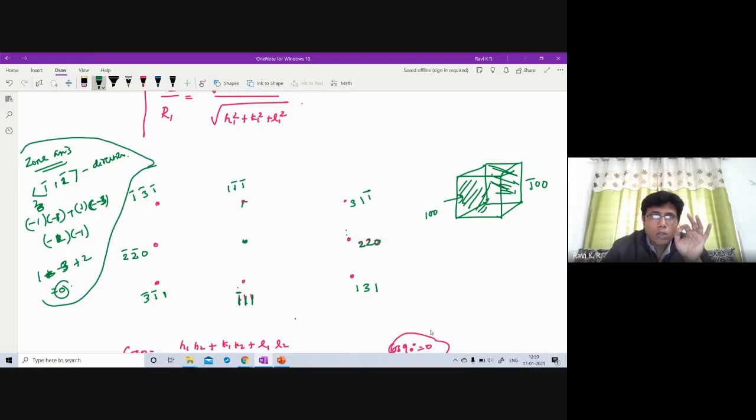Okay. So now you do this one. For this zone axis, you try to calculate it and see for other planes also, it must be 0. Try for this system, whether you are getting 0 or not. Maybe someone can try this system and tell me.